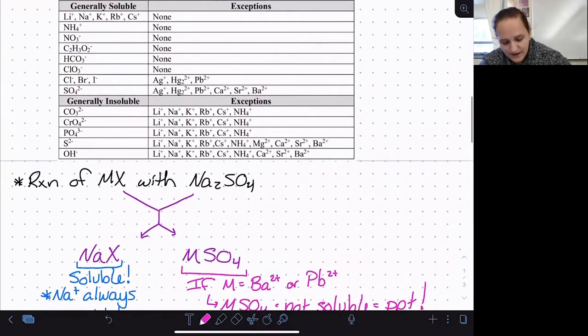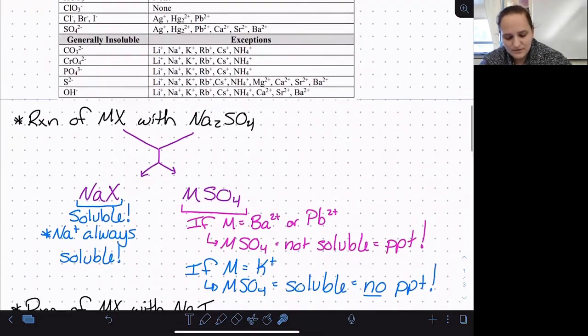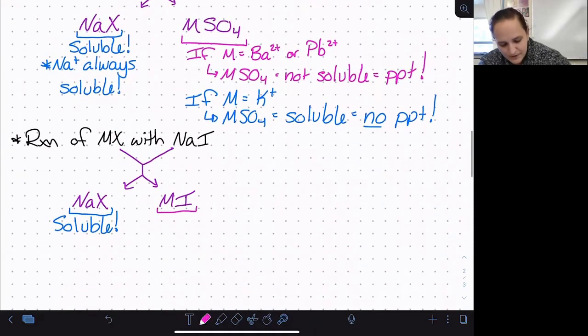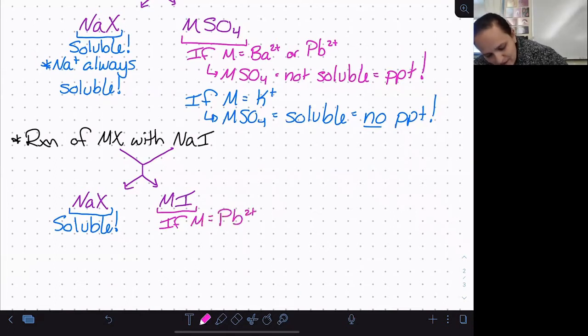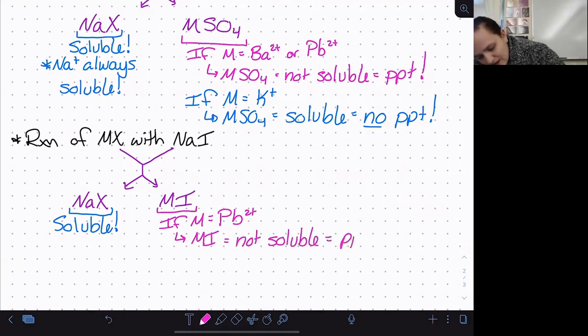So if we look at the rule for iodide, we see that silver, mercury, and lead are our 3 exceptions. Lead is the one that is one of our possible cations. So if our cation is lead, then we would expect this to be not soluble, and we should see a precipitate form.